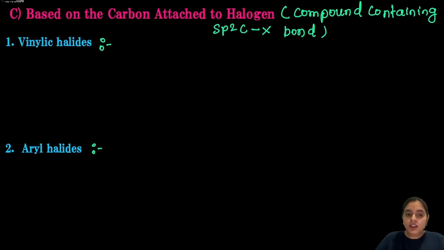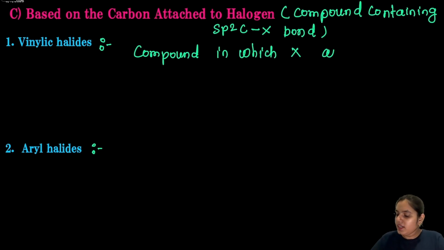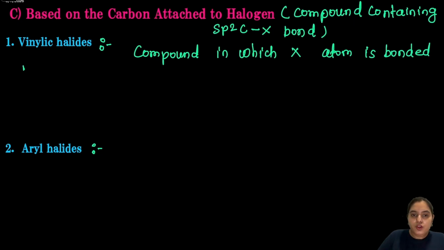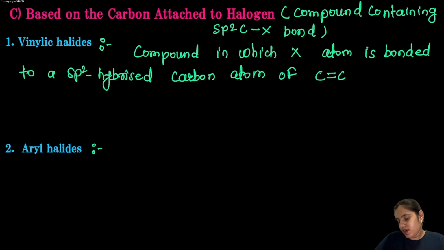These are the compounds in which the halogen atom, that is the X atom, is bonded to an sp2 hybridized carbon atom of a carbon-carbon double bond.